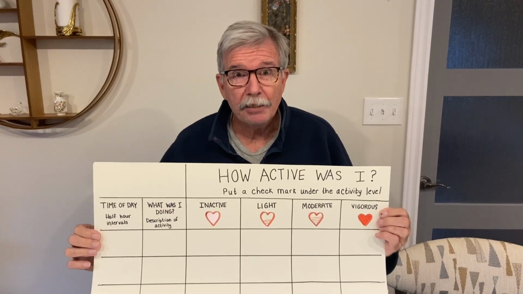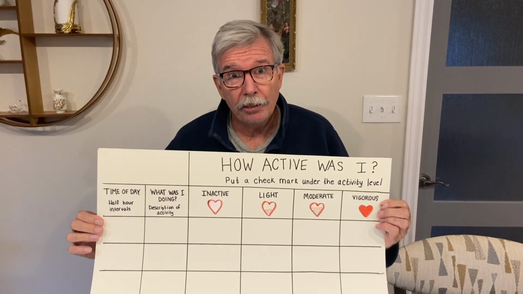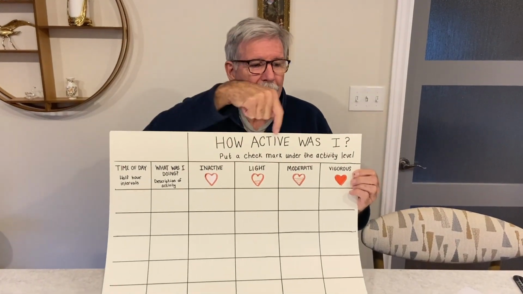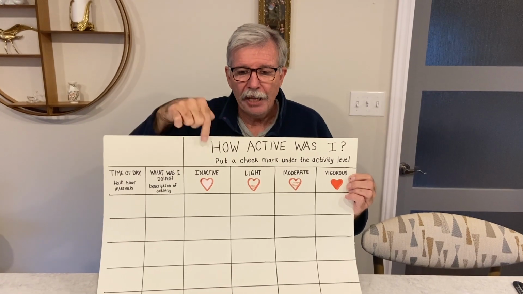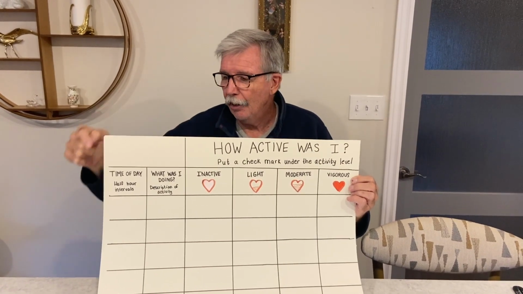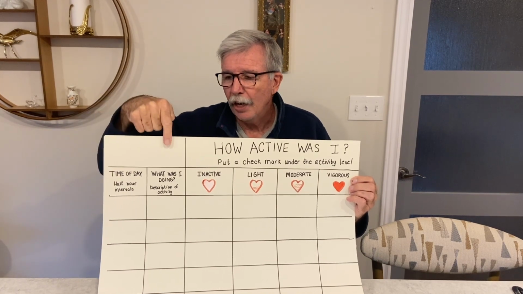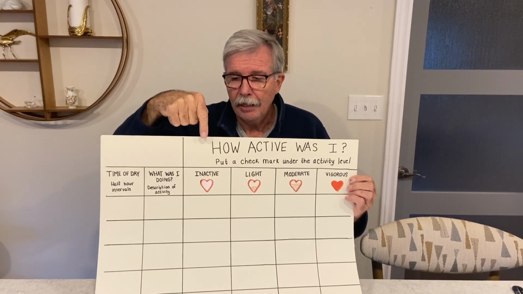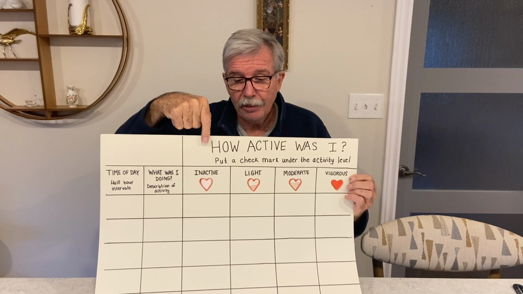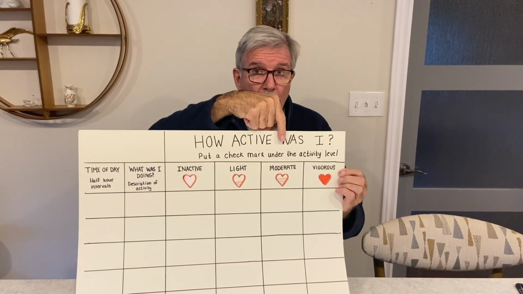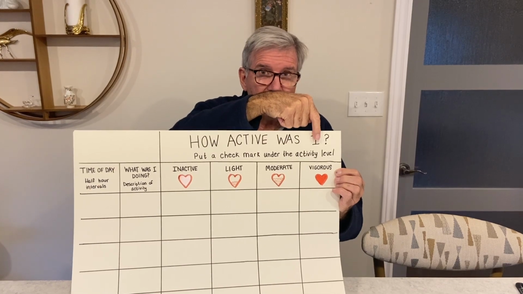It doesn't have to be as big for you, but I want to show you in this clip. Here's what's on the chart. How active was I? So that's right at the top. Now I put in columns time of day, what I was doing, and whether I was inactive, a light activity, a moderate activity, or a vigorous activity.